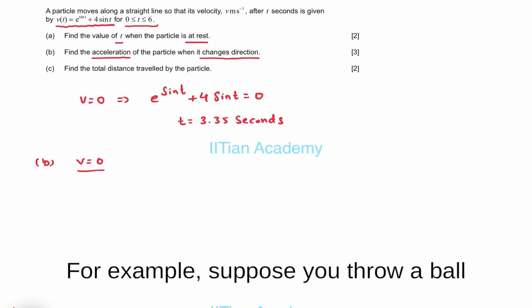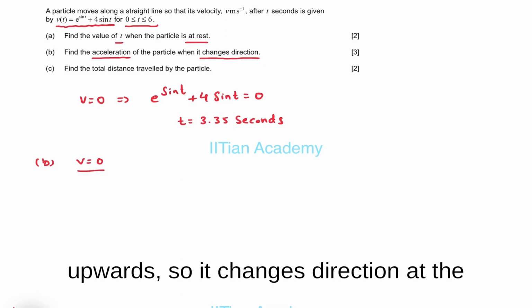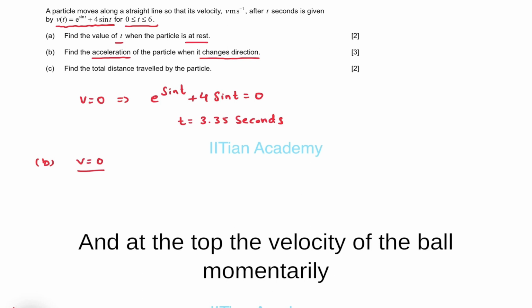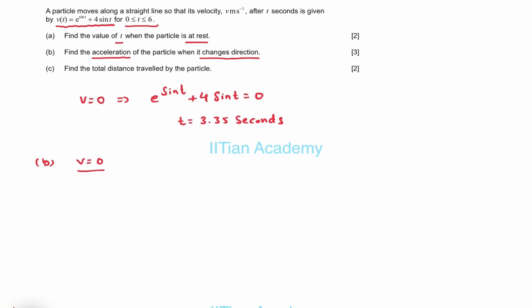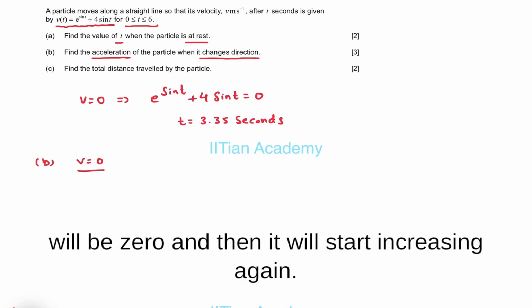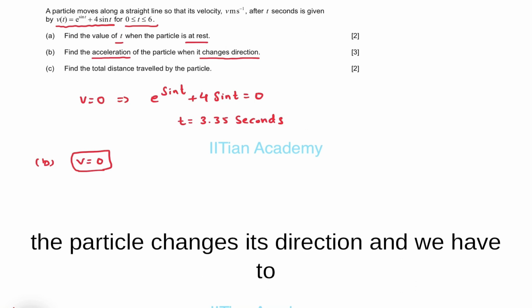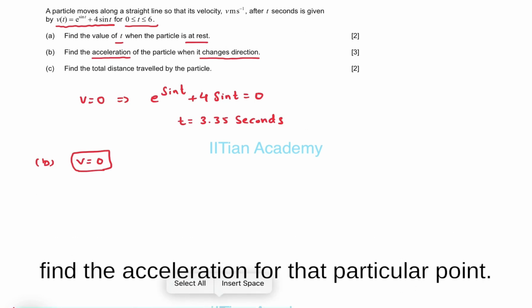For example, suppose you throw a ball upwards, it changes direction at the top from which it starts falling again, and at the top the velocity of the ball momentarily will be 0 and then it will start increasing again. So v equals 0 is the point where the particle changes its direction, and we have to find the acceleration for that particular point.